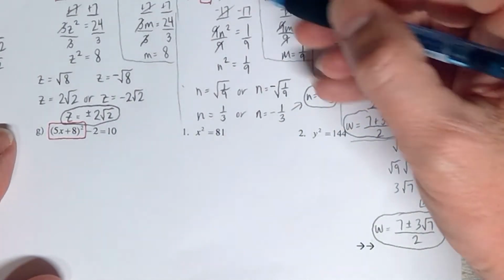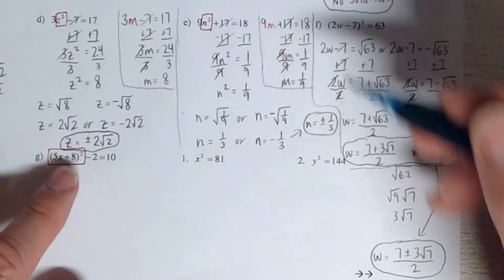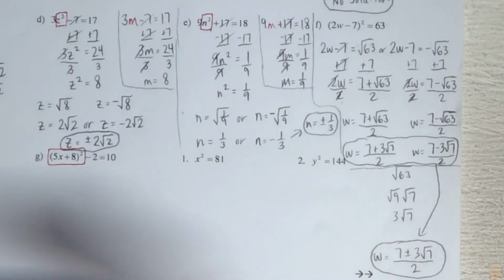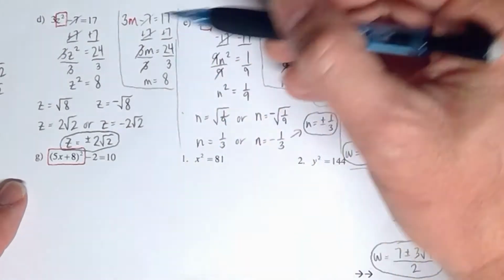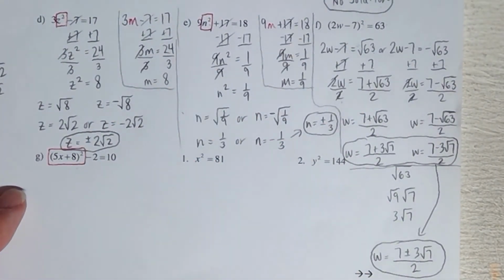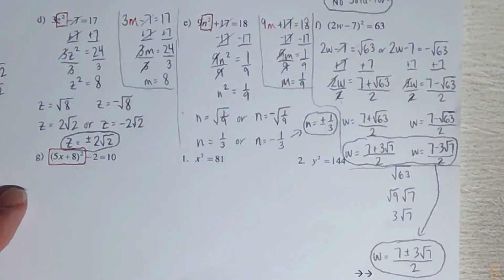Okay, if you've got either a variable being squared or a bracket being squared, if they are not by themselves and the directions tell you to do the square root property, you need to get either the variable squared or the bracket squared by itself first. Okay? How do we do that?